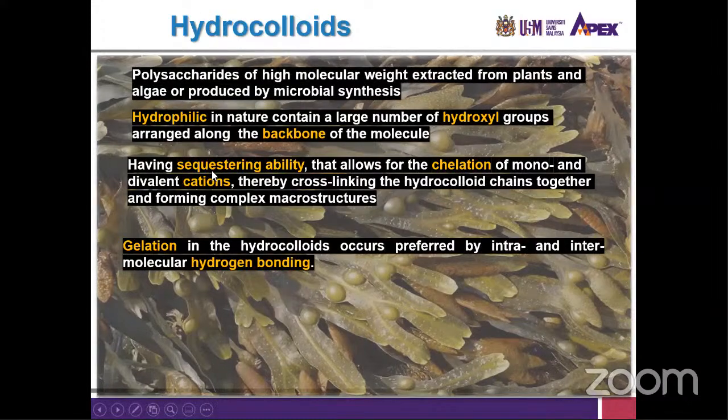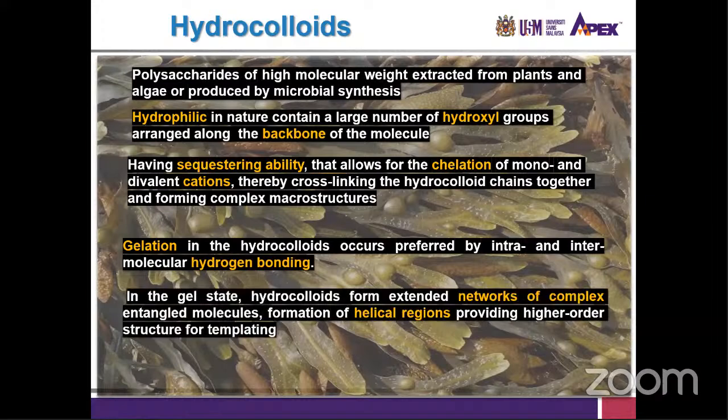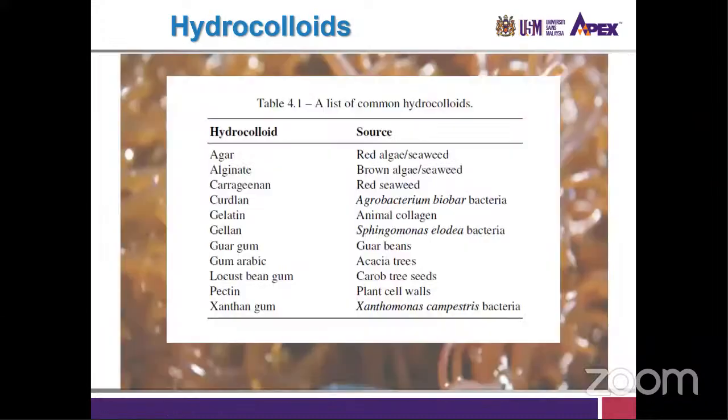While having this sequestering ability, it will undergo gelation. Gelation in hydrocolloids is favored by intra- and intermolecular hydrogen bonding that comes from most of the functional groups. In the gel state, the hydrocolloids extend as a network of complex entangled molecules. The formation of these helical regions will provide a higher-order structure for the templating of any metal that you want. Okay, there are several examples of hydrocolloids.